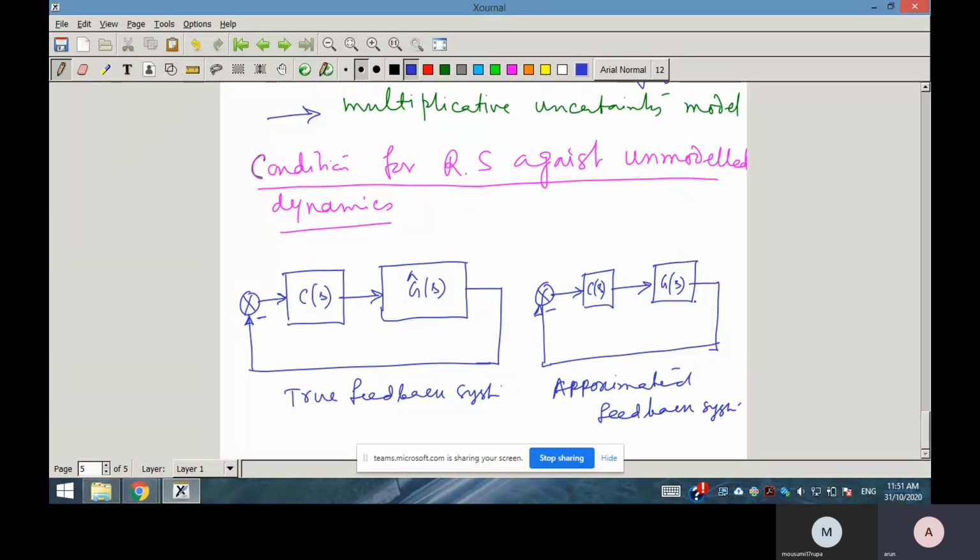That means you have designed the controller for this G of S, not for G hat S. But you have to obtain a condition for which this true feedback system will also be stable. So again and again I am repeating, controller C of S is designed for G of S, but that design should be such that if this controller is employed for the true system G hat S, then the true feedback system will remain stable.